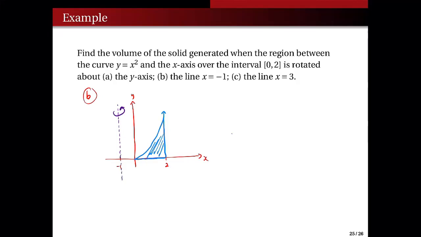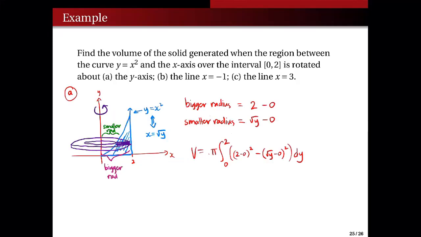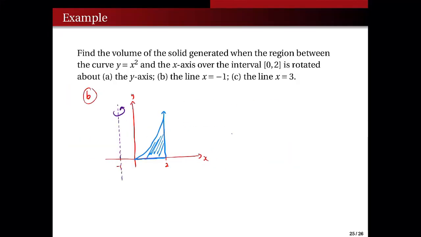You should realize that the disk will be much larger compared to the previous one. The axis of revolution is still vertical, so the approximating rectangles must be horizontal. So you have this approximating rectangle here.